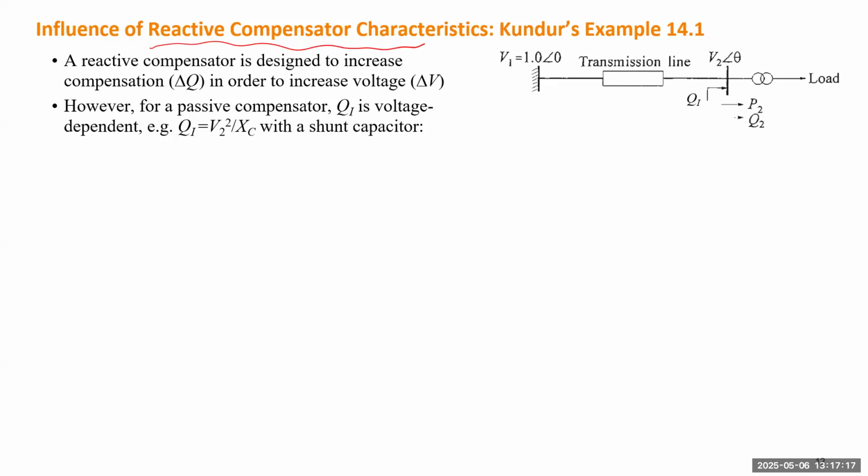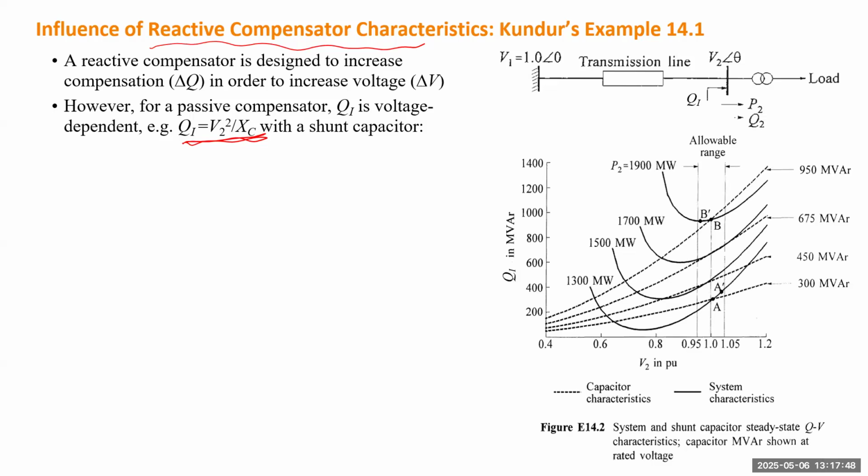If it's more like a passive capacitor bank made only of reactors or capacitors, this Q will be calculated by this formula. So it's not a constant Q independent of voltage magnitude. It will be a quadratic function of voltage. Because this IC is something we can adjust, but once you fix the IC, the Q will change as a quadratic function of voltage. So it's not an ideal reactive source.